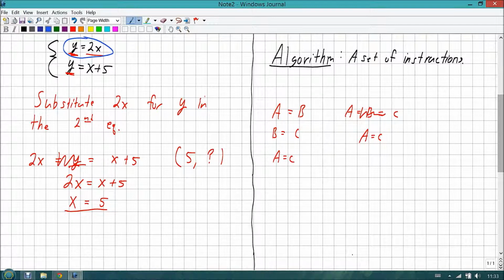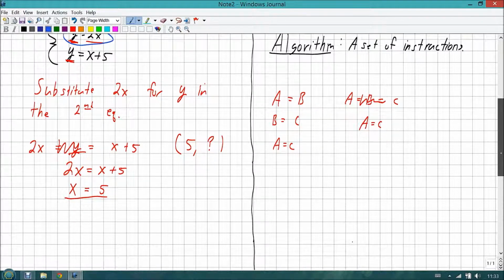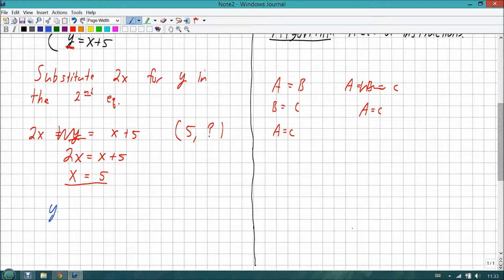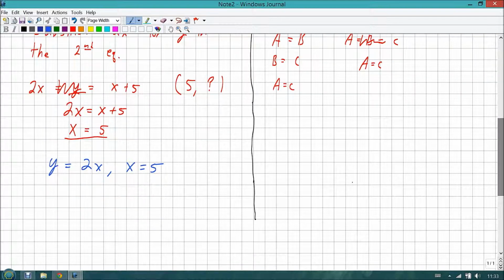If x is equal to 5, what would the y have to be? Well, I plug it in. So I have y is equal to 2x, where x is equal to 5. That means that I have y is equal to 2 times 5. And we all know what 2 times 5 is. That's right, 10. So we plug in 10 to our separate part, and we have our solution to the system of equations.